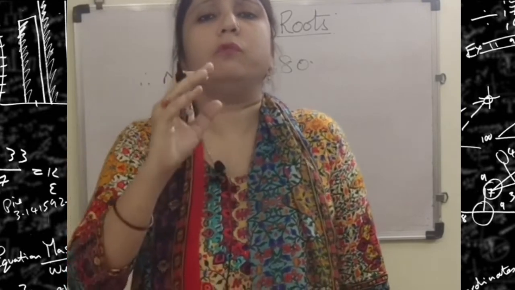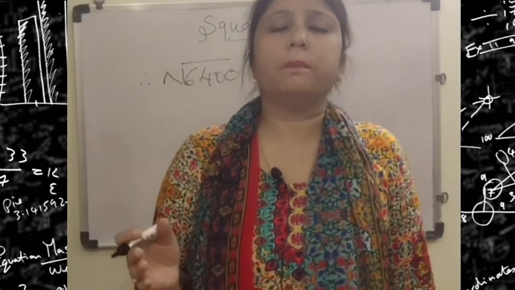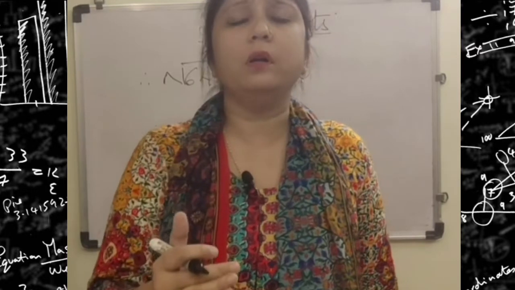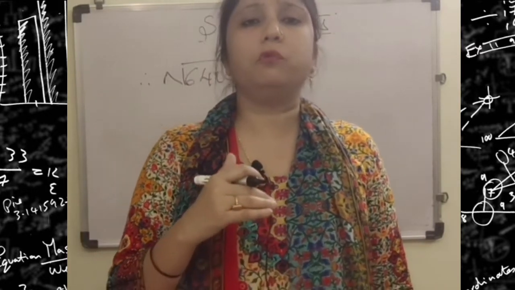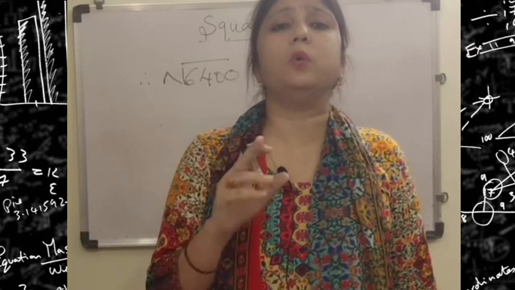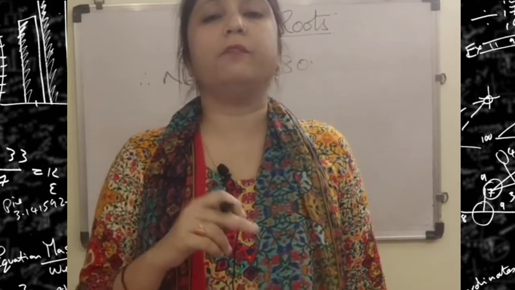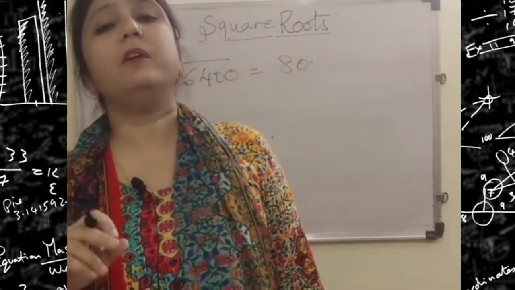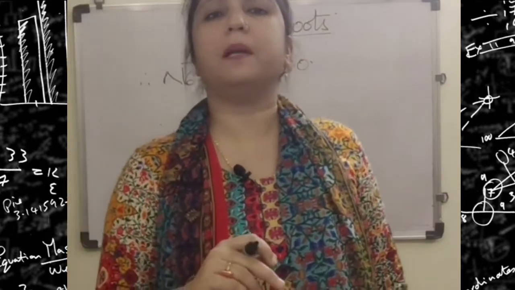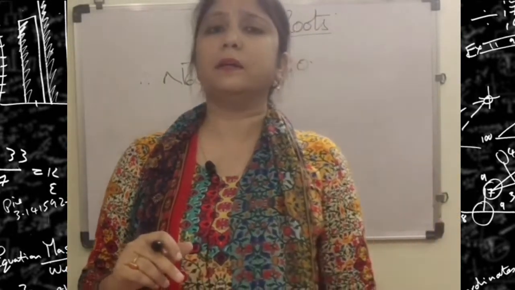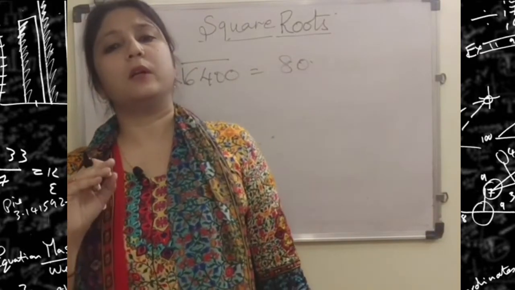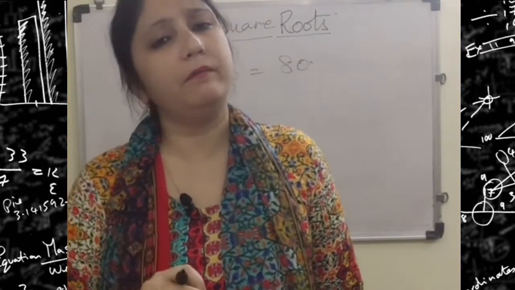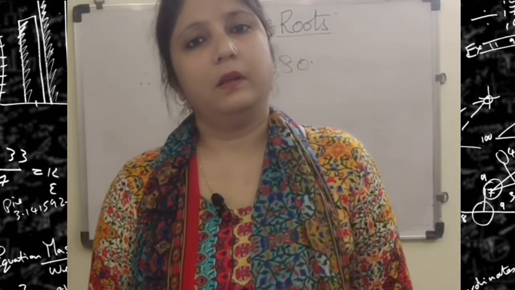Say you used 5, you cannot break. But if you have used 4, then later on you can write 2 into 2. If you have used 6, you can write it 2 into 3 later on. But when you are expressing the number as a product of its prime factors, make sure that all the factors are prime factors. Am I clear?